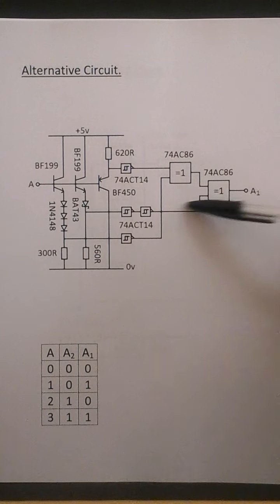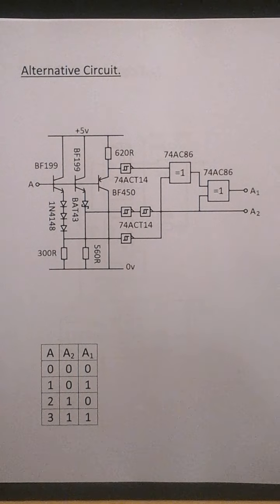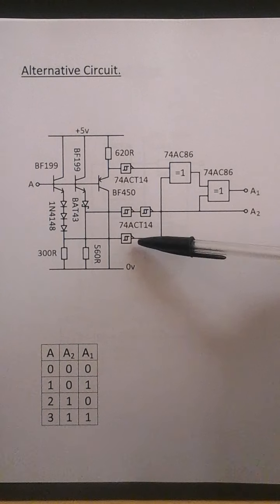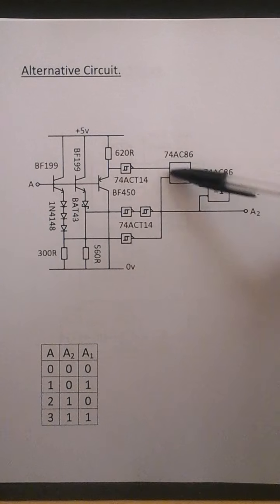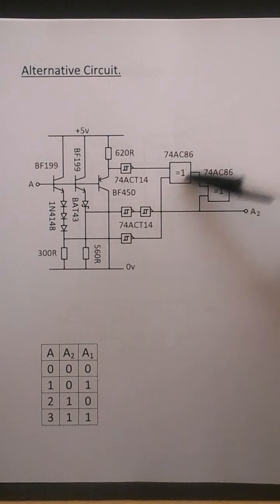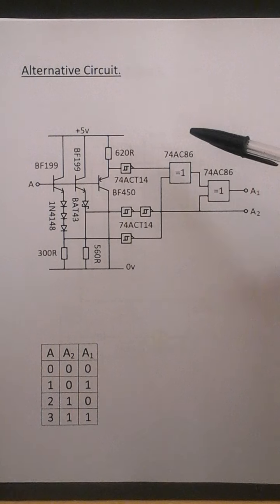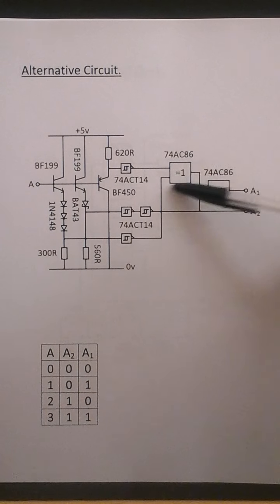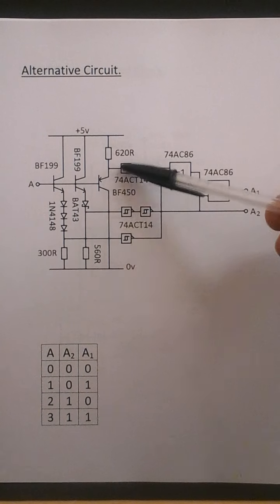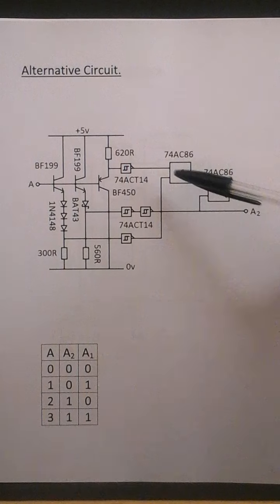So this is a 3-input exclusive OR function, and I'm using the inputs here which are inverted to the exclusive OR function. If you invert the inputs to an exclusive OR function, it performs the same operation as if they were not complemented. So I can get away with using 1 Schmitt trigger per input instead of 2.